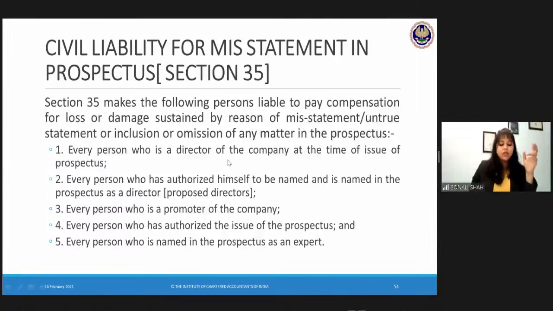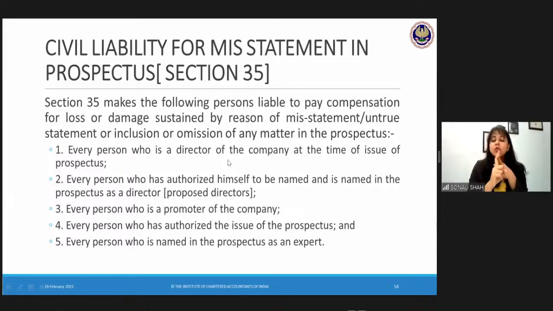Now coming back to the civil liability, the first requirement for civil liability is that there has to be a loss. This loss or damage has to be sustained by reason of misstatement in the prospectus. Then the subscriber who has suffered the loss will be able to claim the compensation. From whom will he be able to claim it?